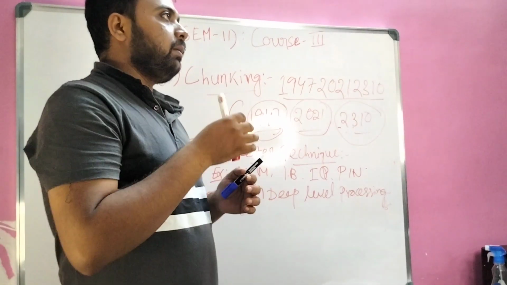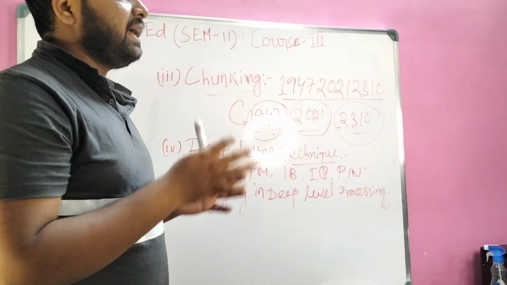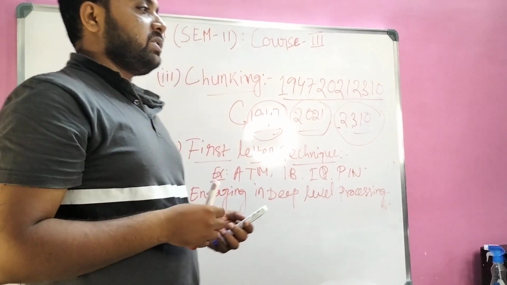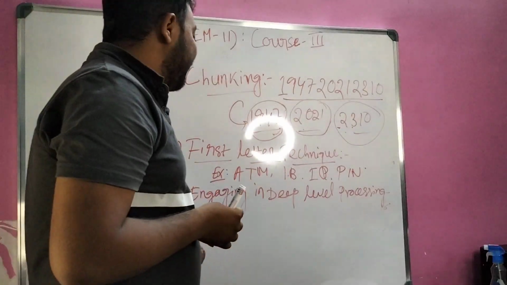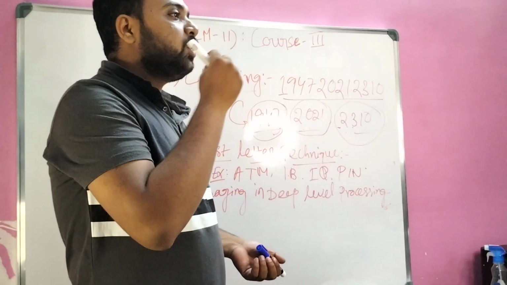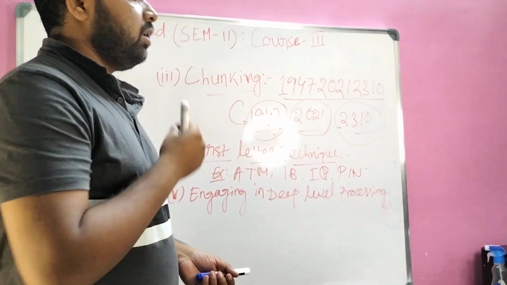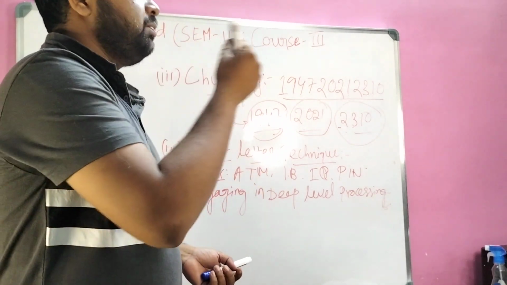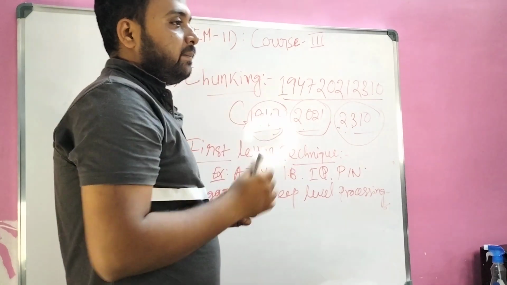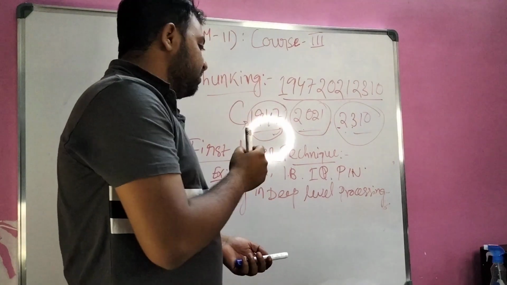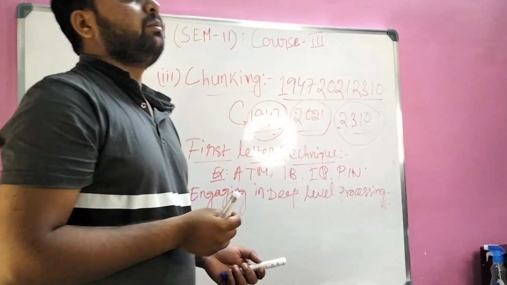So in engaging in deep level processing, what we do is ask many questions about that animal, because we want to know about it deeply. If we know so many characteristics and so much information about the animal, we retain some of that information. So by questioning about this animal, or about the specific characteristics of that animal, we know it better, and we also improve our memory.